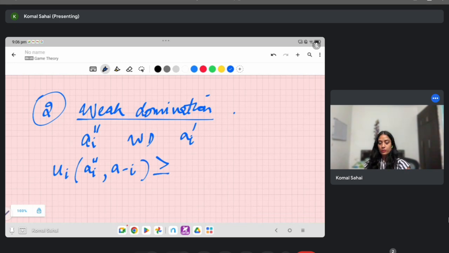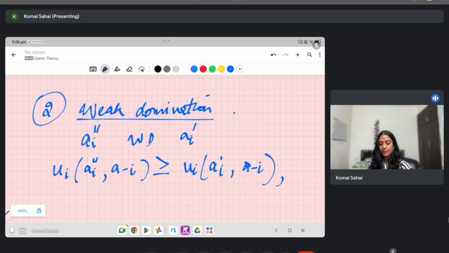Here it is greater than or equal. Then the utility that player I gets from AI prime given an action choice of the other player, and this applies to all action choices of the other player.